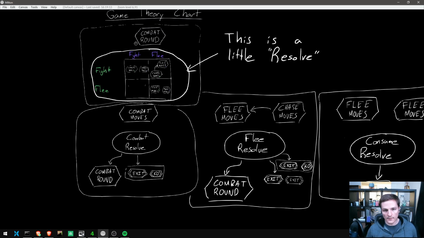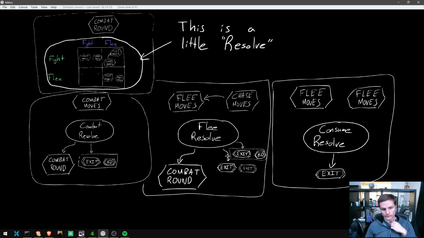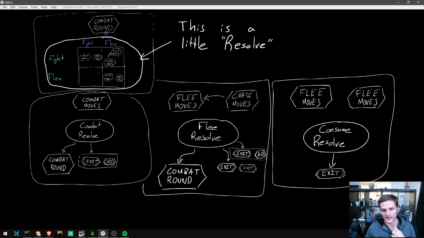And here the game is choose to fight or flee, and here the game is choose combat moves, which is a much more complicated choice. Here the game is one party is choosing flee moves, the other one's choosing chase moves. Here the state is they're both choosing flee moves. Then once all the moves are selected in any of these cases, a resolve happens, which updates the state.